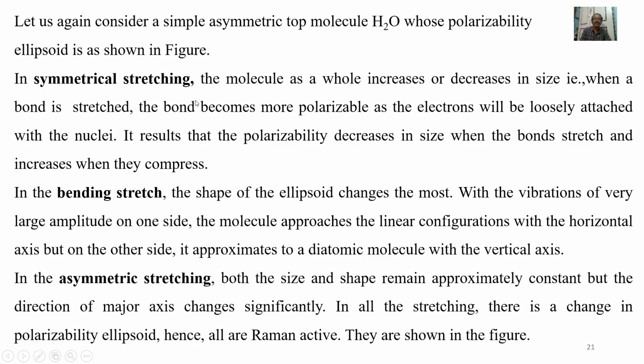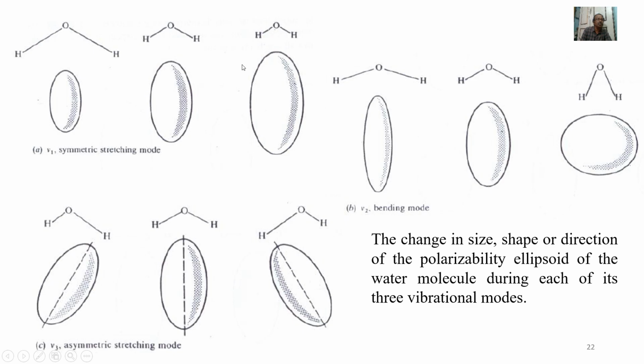When a bond is stretched, the bond becomes more polarizable as the electrons will be loosely attached to the nuclei. It results that the polarizability increases in size when the bonds stretch and decreases when they compress. So this is as shown here, for the symmetric stretching mode.